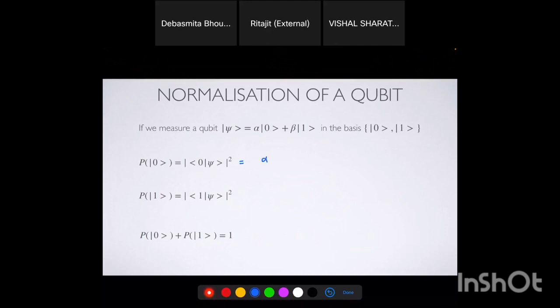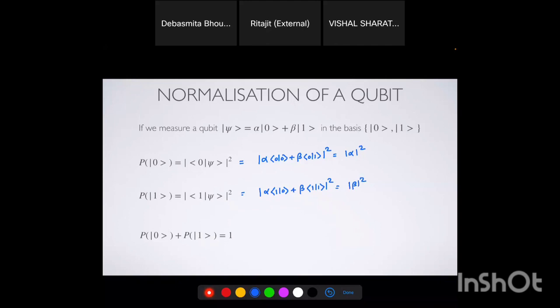We have |alpha ⟨0|0⟩ plus beta ⟨0|1⟩| squared. The inner product ⟨0|0⟩ is 1 and ⟨0|1⟩ is 0, so we are left with mod alpha squared. Similarly, for outcome 1 we have alpha times ⟨1|0⟩ plus beta times ⟨1|1⟩. The first inner product is 0 and the second is 1, so we are left with mod beta squared.